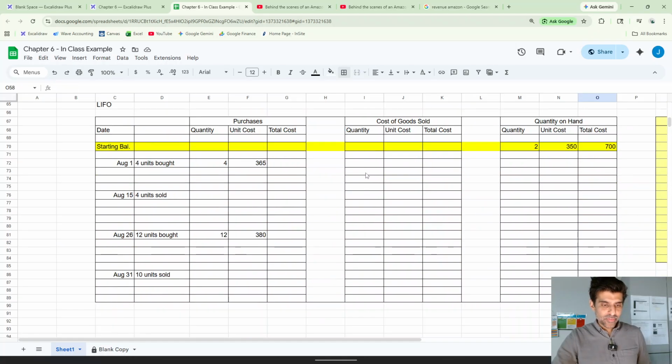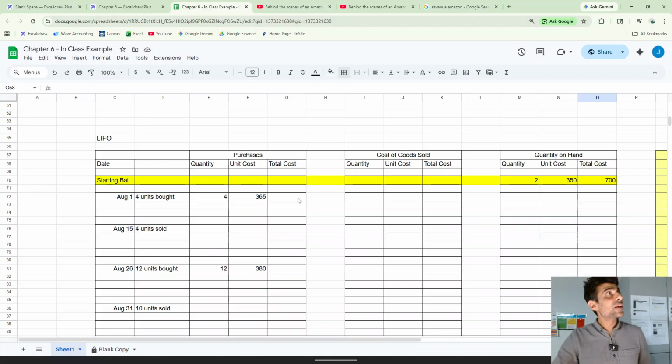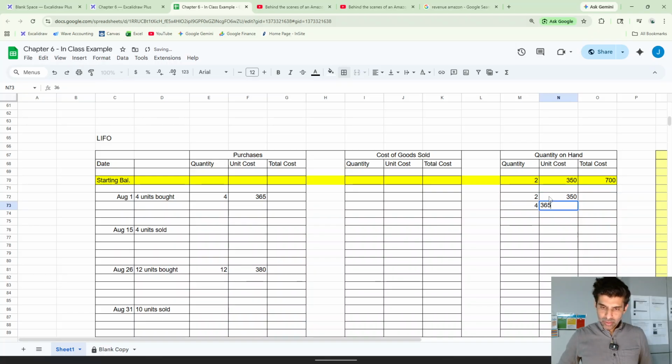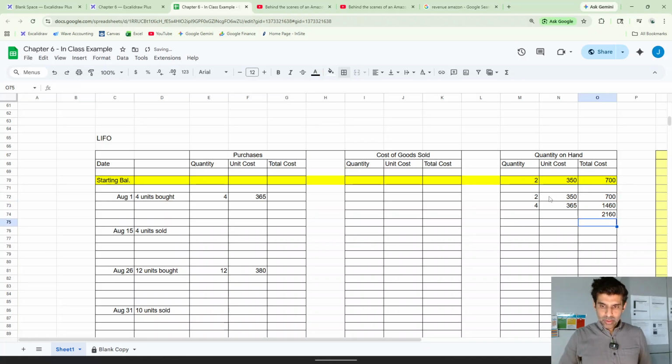Okay, and then let's just do LIFO. I'm not going to do this. I'm just going to kind of put in the values because I think we've seen it now a couple times. So we're selling 4 units.